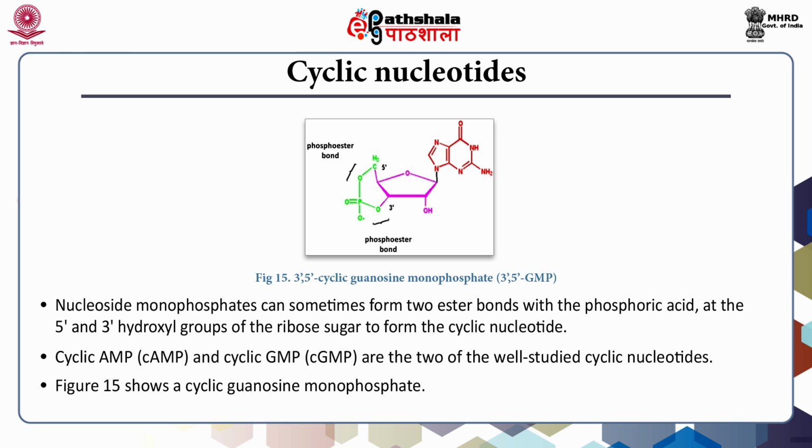The figure shows cyclic GMP, cyclic AMP, cyclic IMP. These are very important biomolecules of the cell, and you can see their structure in the figure. These play a very important role in regulation of cell metabolism.